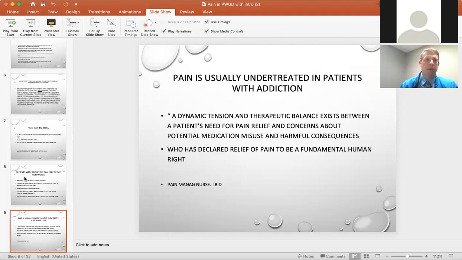There's absolutely no way for us to exactly know what the patient's experiencing. On the other hand, we have this same patient who has a chemical dependency, a substance use disorder, and we don't want to do something to them that may cause them trouble in that regard. And so there are oftentimes these difficult issues that start to arise, and it can create tension for basically everyone involved. Next slide.